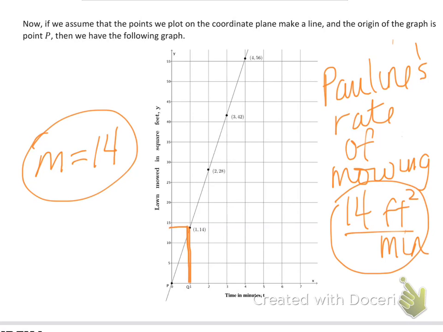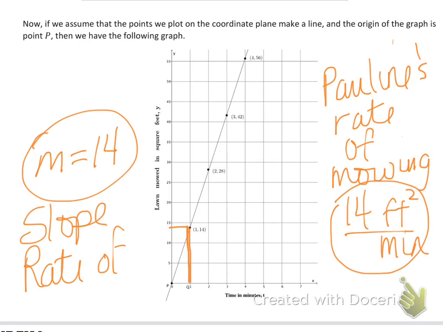Okay, so on a graph of a proportional relationship, the unit rate is the slope of the graph. And that's why slope is also called rate of change. Okay, so the slope is a rate, and we can use slope to determine the rate of an application problem like this. So this is a proportional relationship of a real-life application, and slope gives us the rate that she mows at.